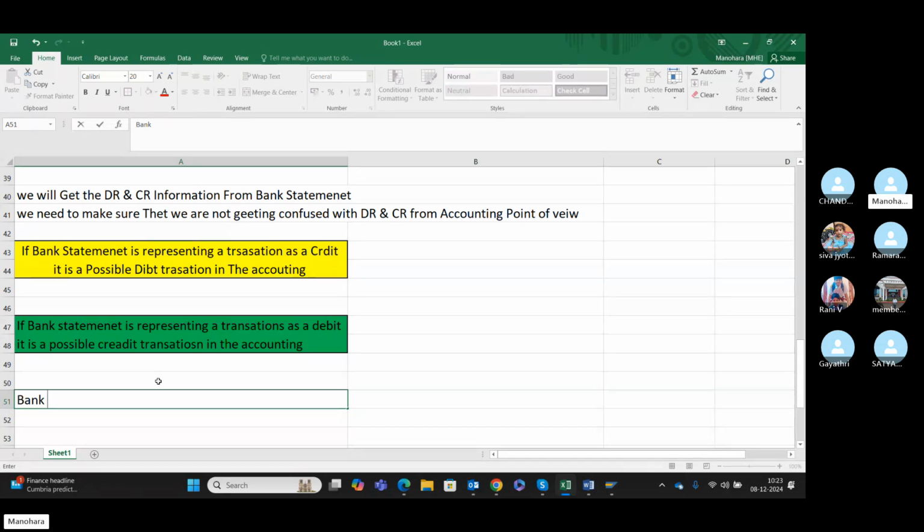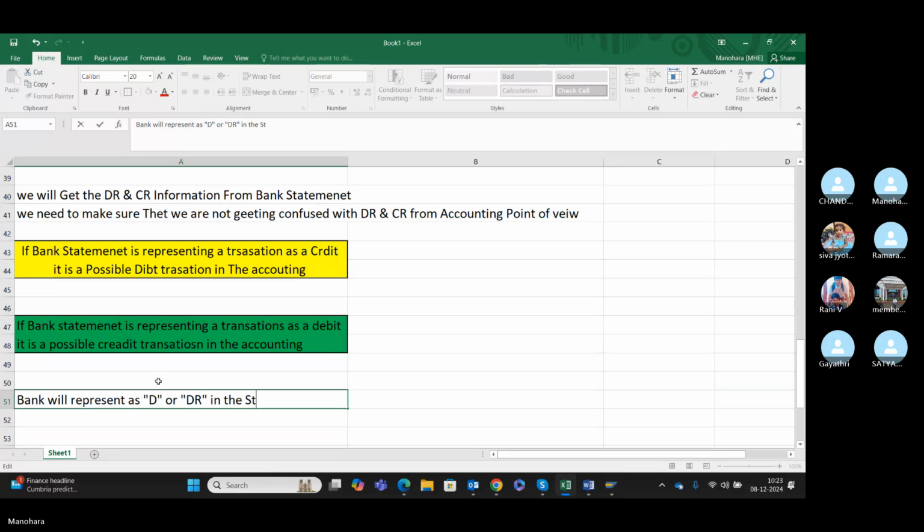Okay, the bank will represent it as D. D means debit, right? C or D in the statement.